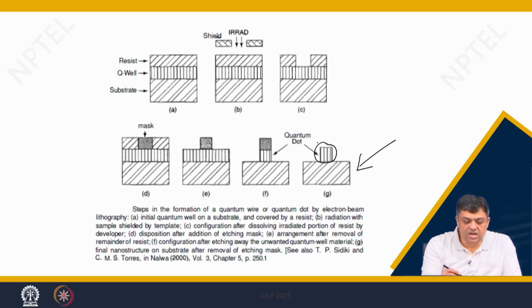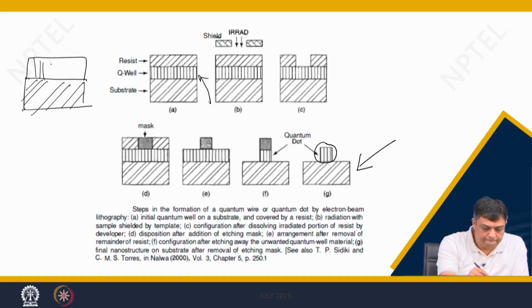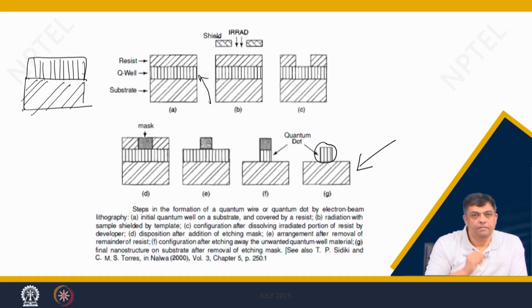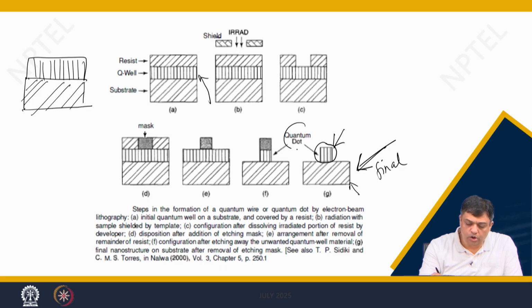We have actually started from this structure, and I have to obtain this structure which is the final structure. So, you have a substrate and on top of it is the quantum dot I am obtaining.